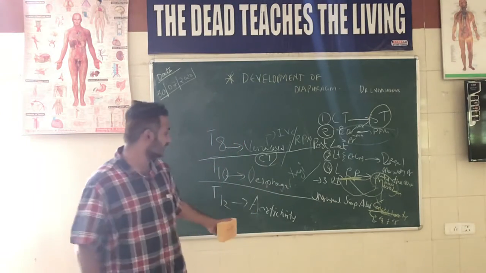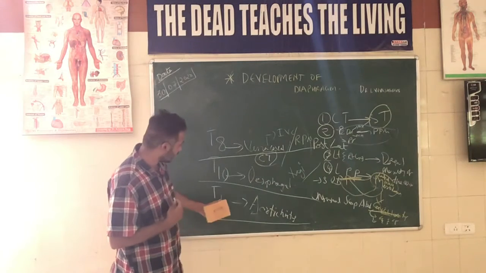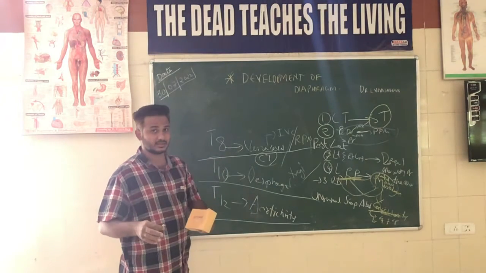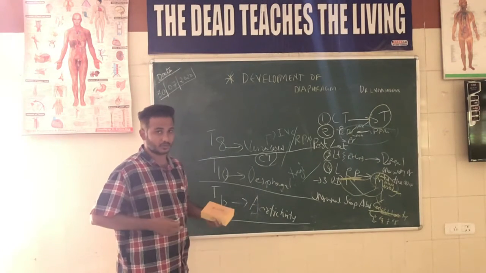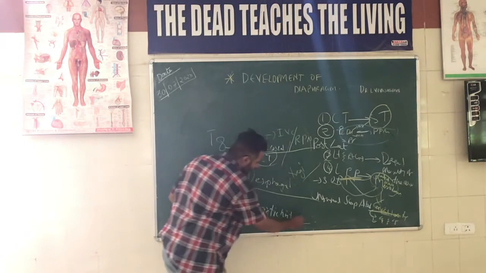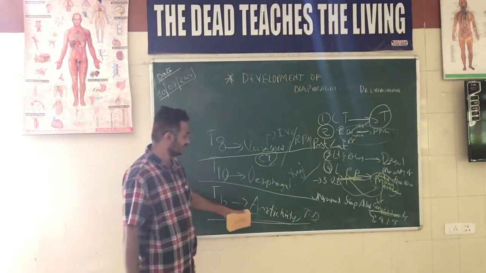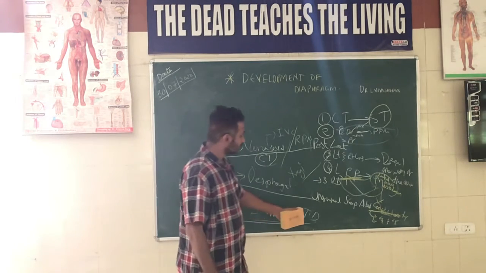The thoracic duct enters from the abdomen into the thorax through this aortic hiatus. So one more content of the aortic hiatus, apart from the abdominal aorta, is the thoracic duct.